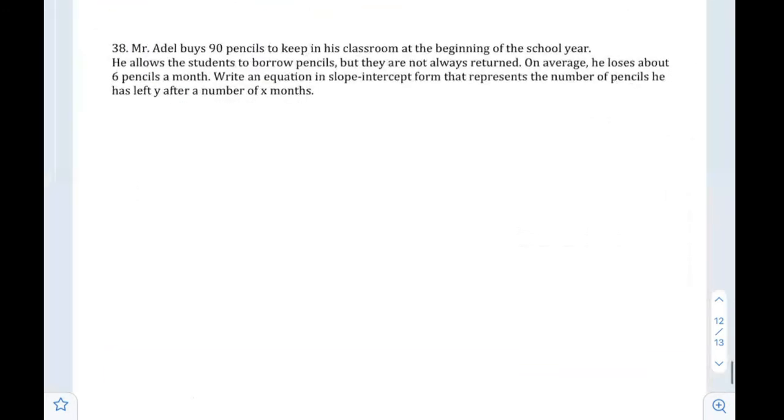Last question. Mr. Adel buys 90 pencils to keep in his classroom at the beginning of the school year. So the first value, the starting point, is 90 pencils. And then he allows the students to borrow pencils, but they are not always returned.